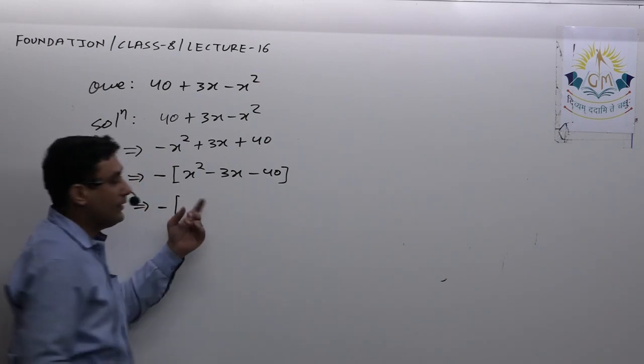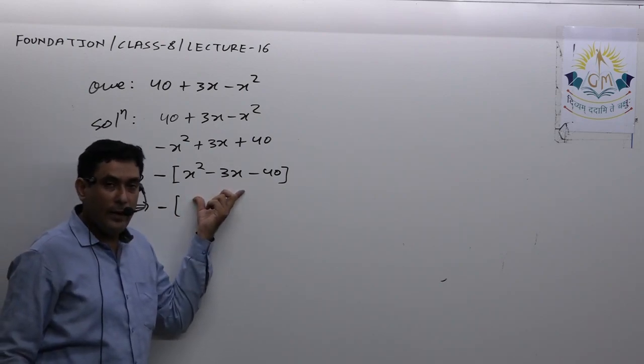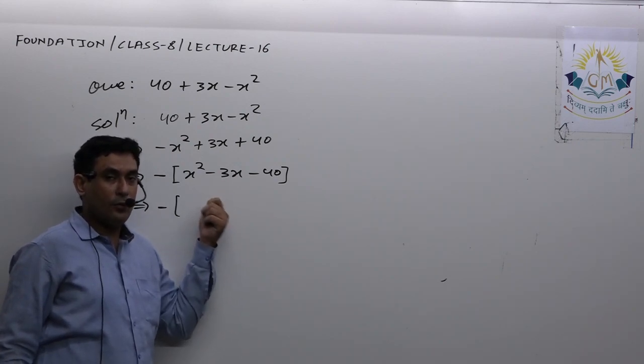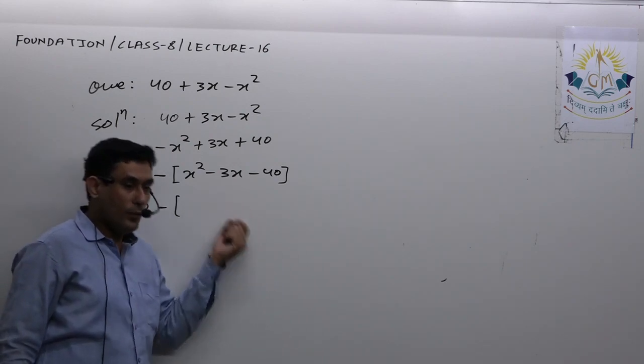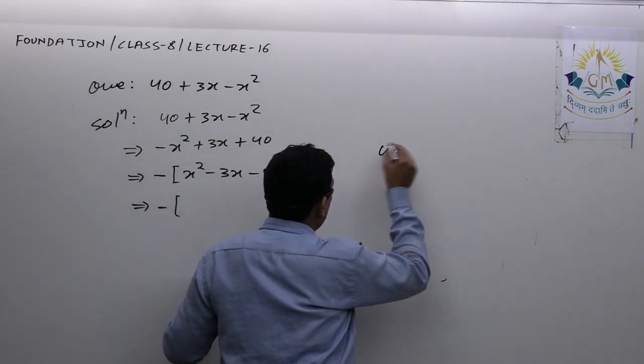Now here again I will come to the same thing. That means now I will find the factors of a multiplied by c. As over here a is 1, that means the coefficient of x square is 1, I will find the factors of 40.